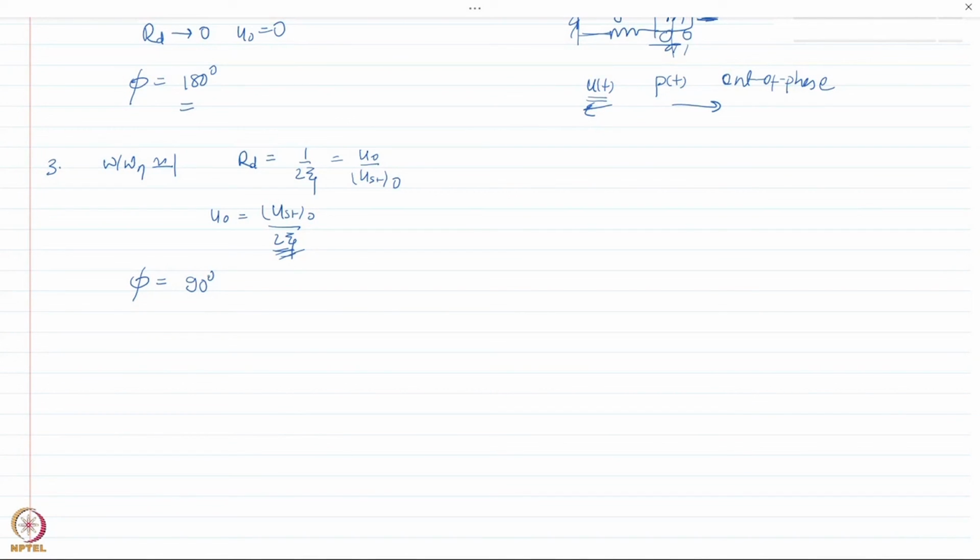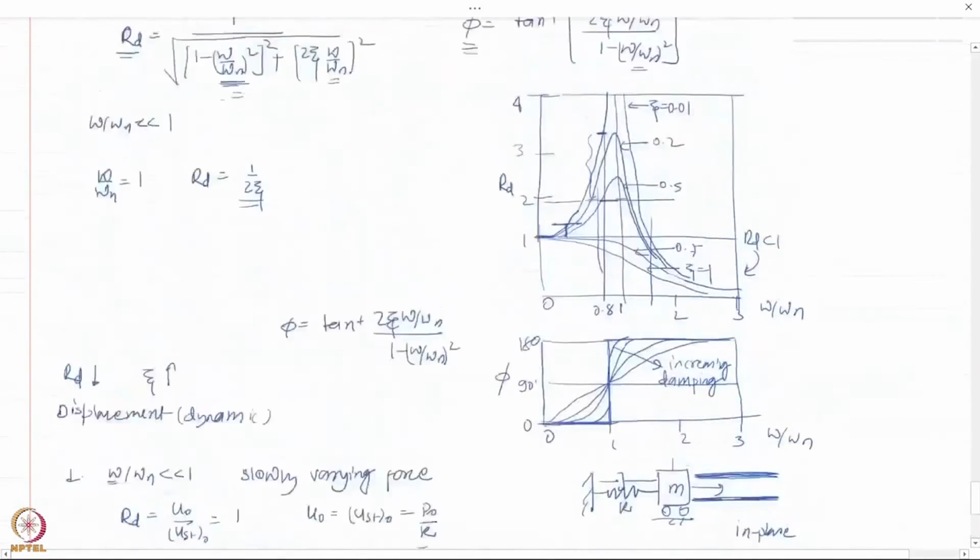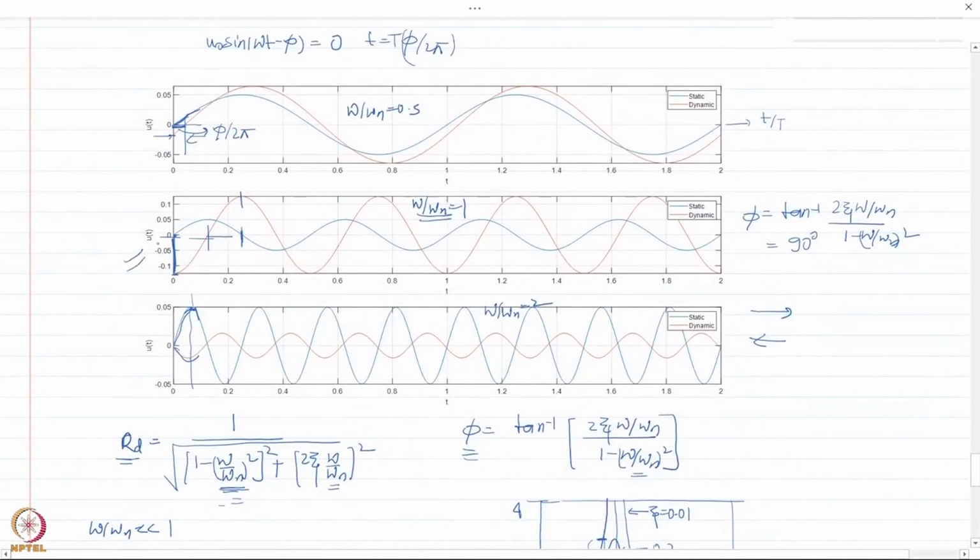So the applied force p(t) and u(t) are out of phase by 90 degrees. That would mean that when p(t) achieves its maximum value, u(t) reaches 0, and when p(t) goes to negative, again u(t) reaches 0. It would be something like what we have discussed here.